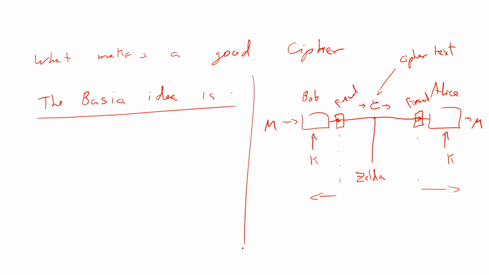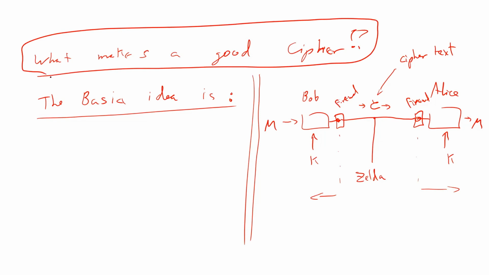Very good. So now, remember, again, we are trying to define what makes a good cipher. How do I know that what we use here is good, secure? What makes a good, secure cipher?